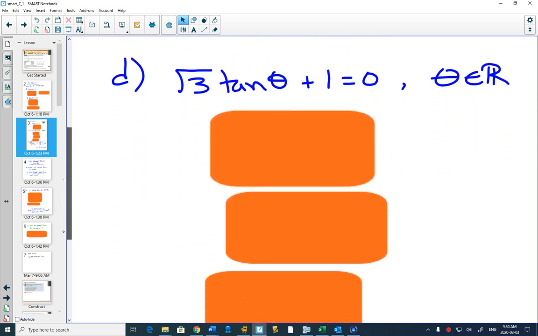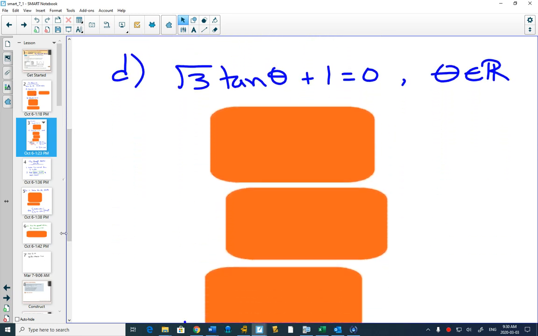And now, in part D, I'm going to introduce to you what we have in this section. So we're going to start by solving this normally from 0 to 2 pi. And then we're going to look at what it means if you say the domain is everything.